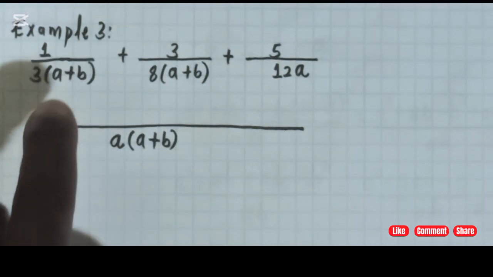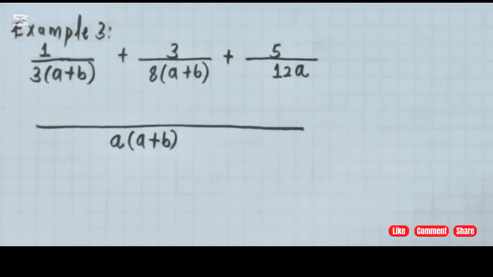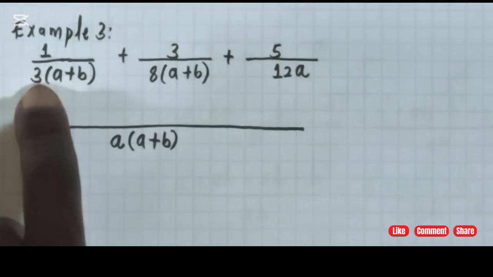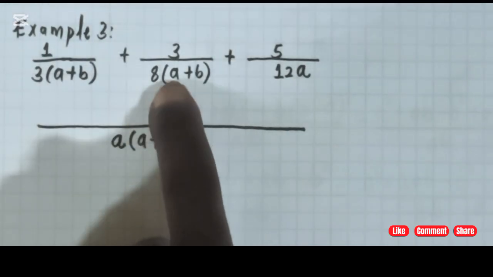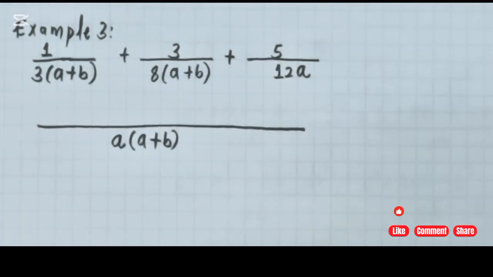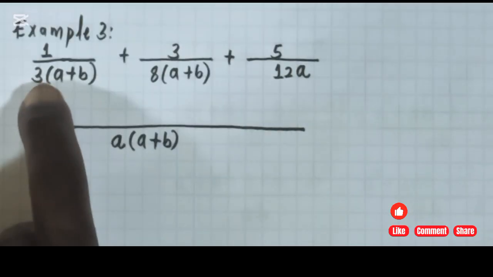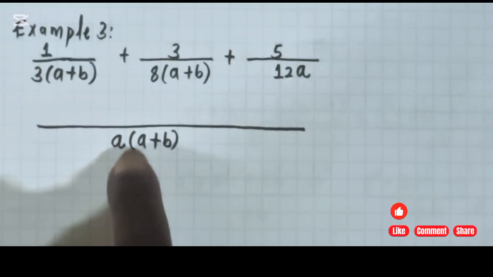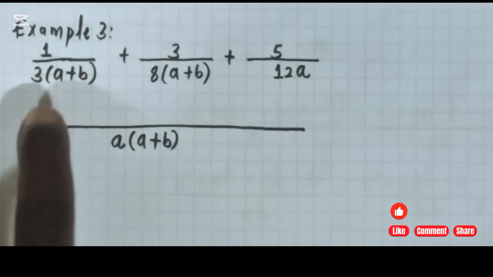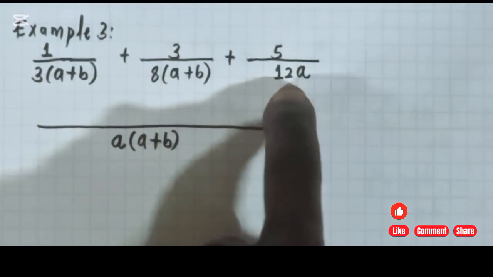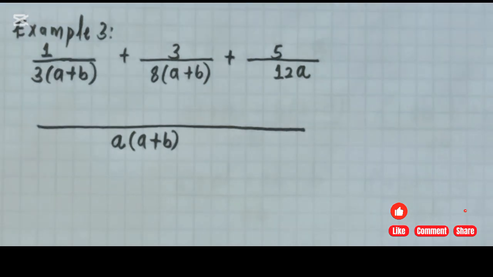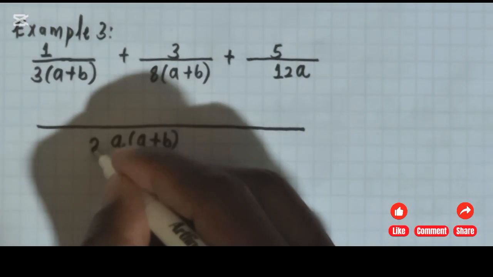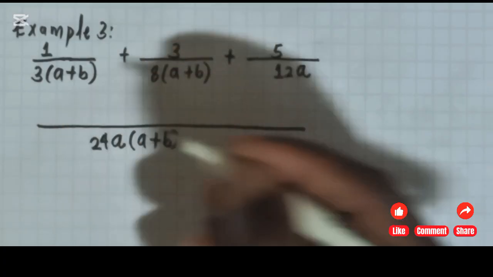These denominators, other than having variables, also have coefficients. Our coefficients are 3, 8, and 12. So we also have to find the LCM of 3, 8, and 12 on its own and include it in our LCM. The LCM of 3, 8, and 12 will be 24, and we'll write 24 right before a.